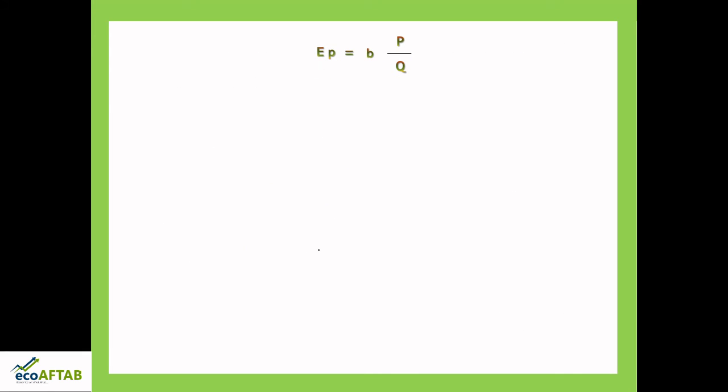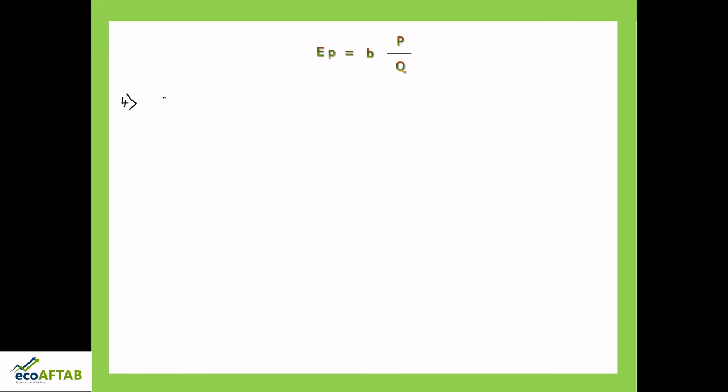Now, let us try to solve a simple problem where this particular thing is highlighted. I am trying to solve an example where I show how we can make use of this formula. So, this is our fourth example.